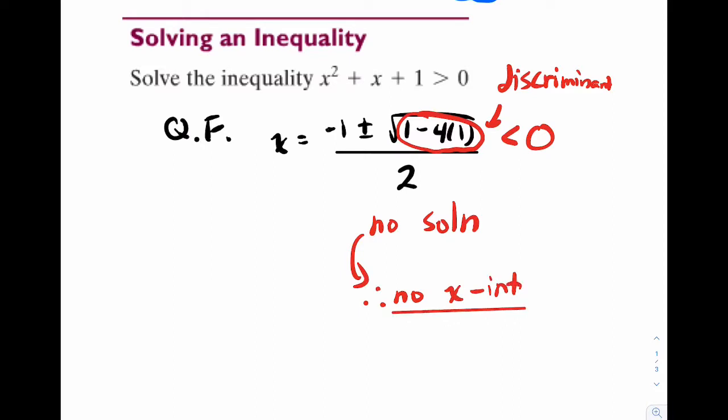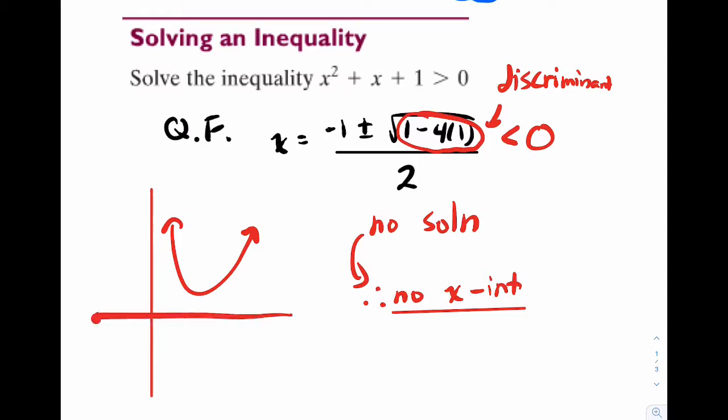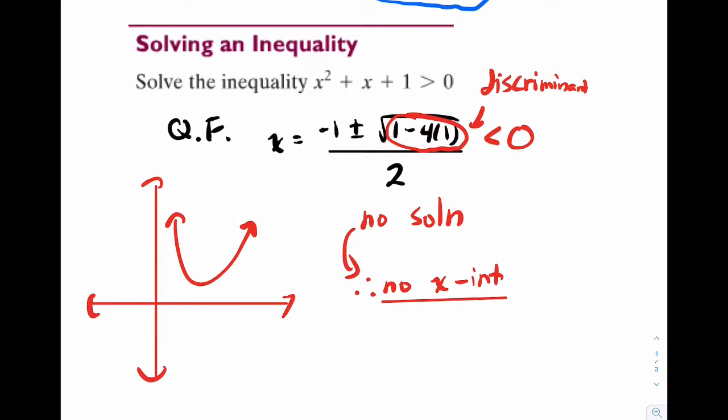That's very important. So remember our last chapter, or last unit, this thing's a positive x squared. So if I told you to sketch that in your mind, we know that's an upwards parabola. If there's no x-intercept, that means the graph should look something like this. It doesn't hit the x-axis. So that's how we're going to solve this. This thing says, where is it greater than 0?